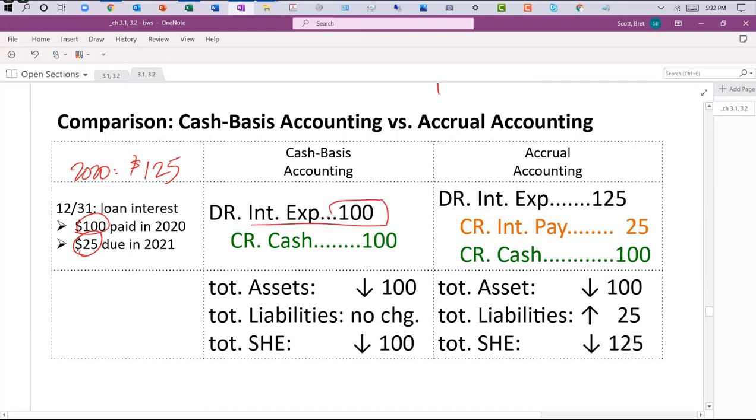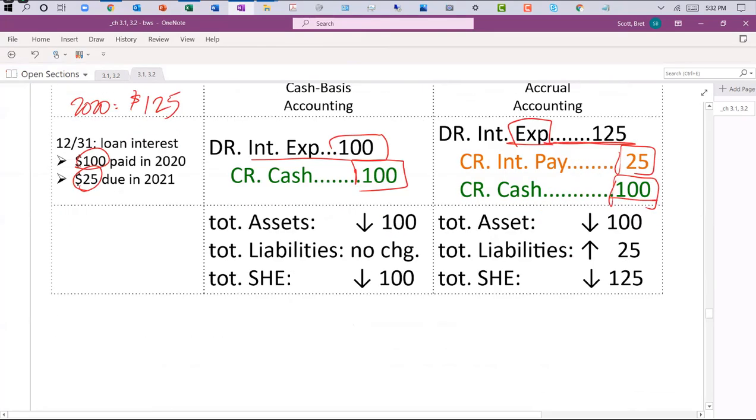Because why? Because it's the cash that's determining that recognition. But if I'm accrual basis, I know it's really the expense that's driving. The expense amount that I've actually incurred is what's driving the journal entry. I've actually incurred 125. The real question is, in this case, how did I pay for it? Well, I paid off 100 of it, and I owe another 25.